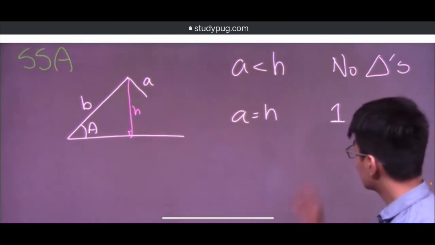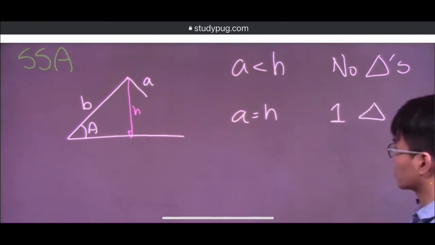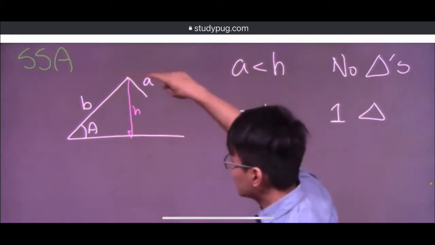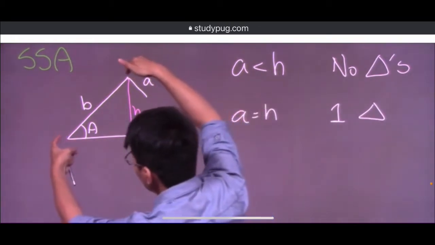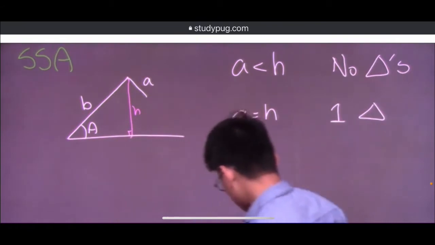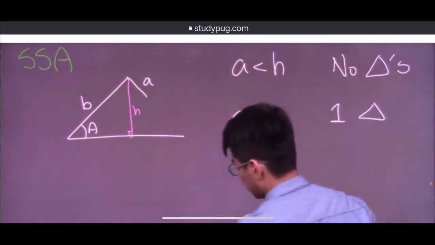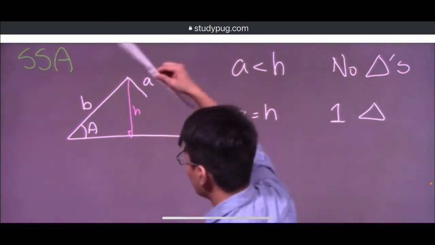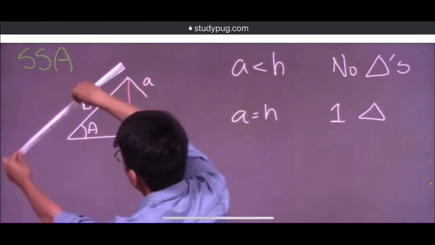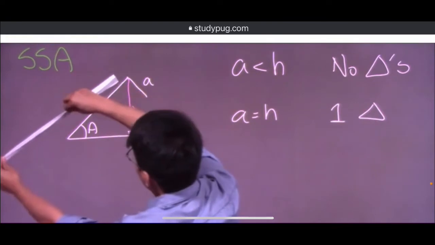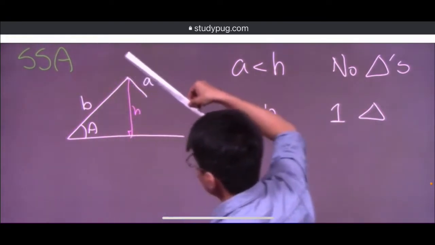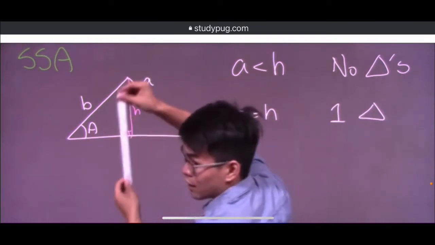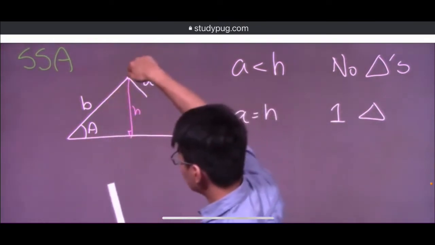But there's a little more to this one triangle case. If this side length a is longer than our side length b, let me grab some props here. If this is the edge of a, which is clearly longer than b, I'm going to pinpoint this end of the edge to this corner.